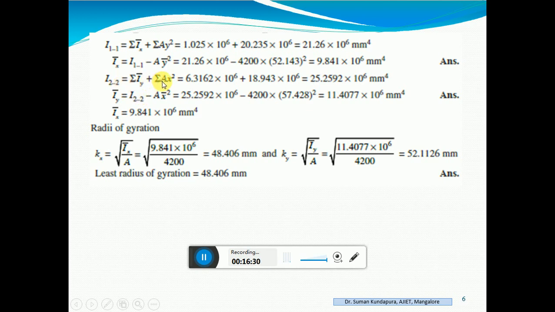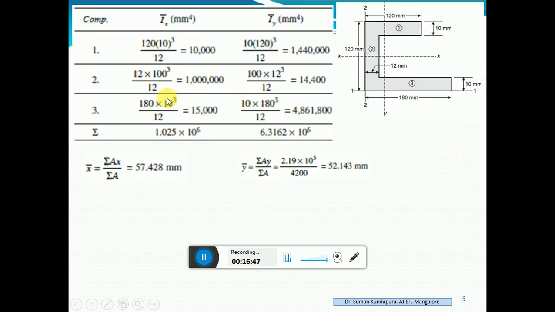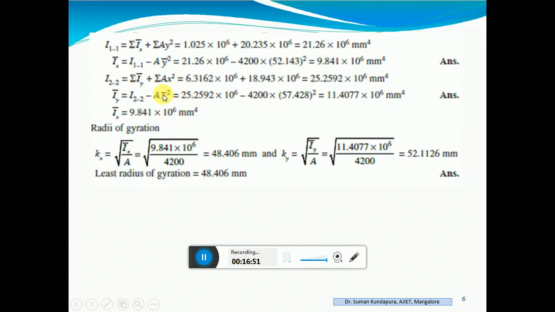So I22 minus A x bar square. Look into your parallel axis theorem, you will understand how these formulas have arrived. Okay. So I y bar is equal to I22 minus A x bar square. x bar you have found out here, 57.428. Substitute here, 4200 is the area, I22 just now you found out.